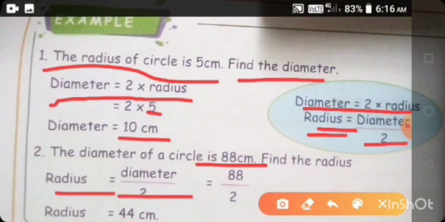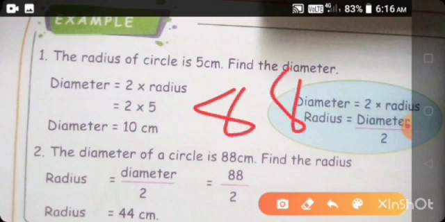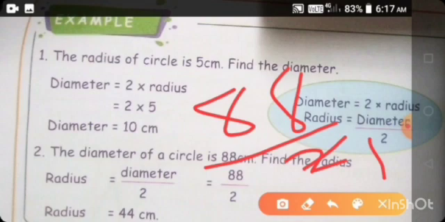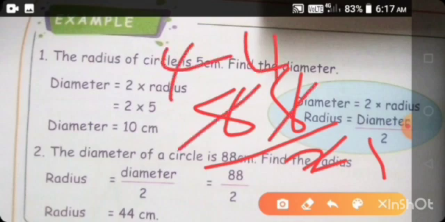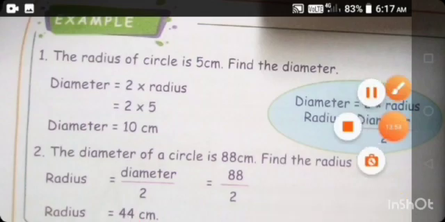Diameter value 88 centimeter, so 88 divided by 2. 1 2 is 2, cancel that. 4 2s are 8, and again 4 2s are 8. So 44 centimeter. The radius is equal to 44 centimeter.